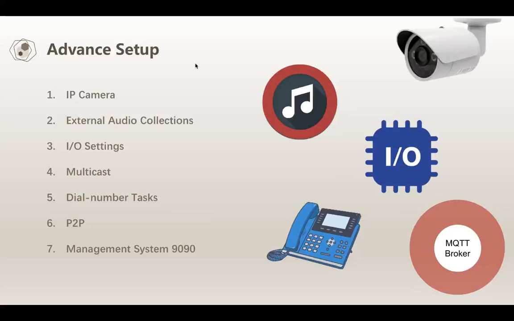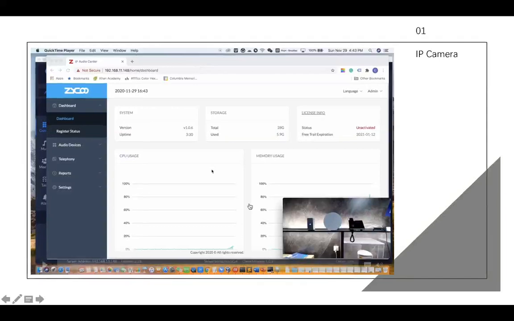So let's quickly move on to the cameras. Our system supports third-party IP cameras as long as the IP camera supports RTSP. RTSP is a standard video stream protocol commonly used in like 99% of IP cameras.